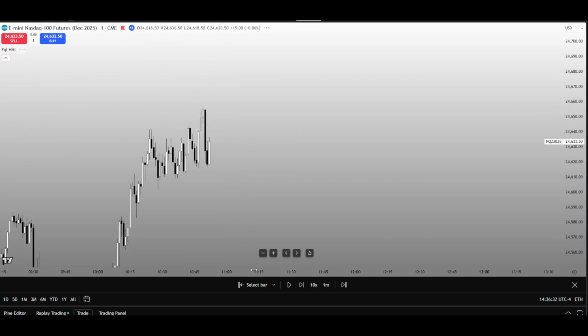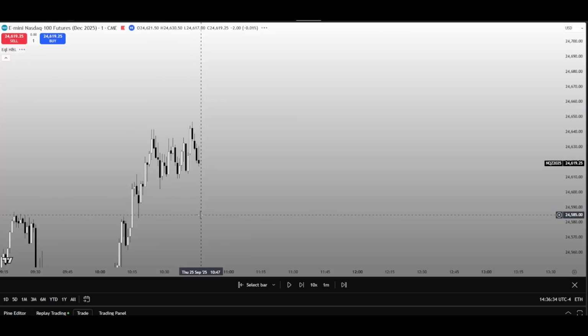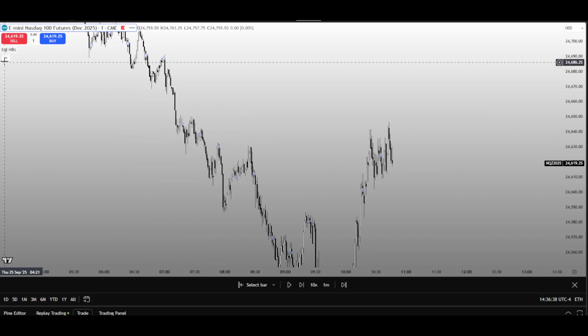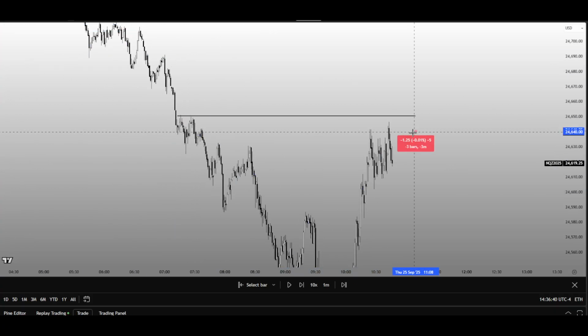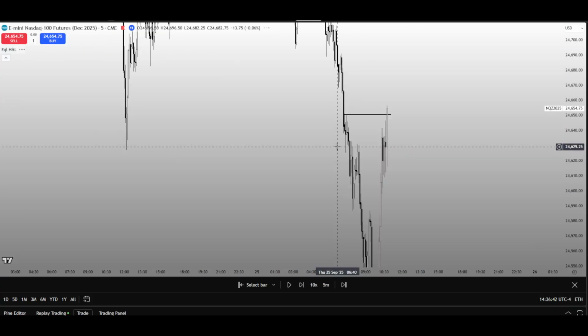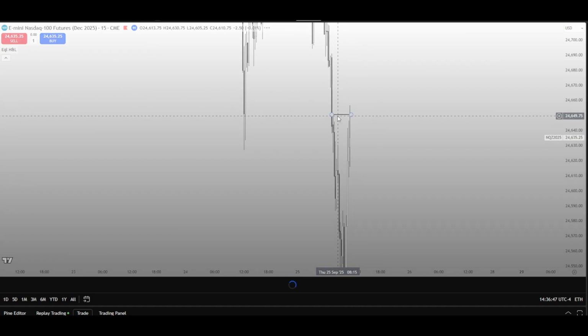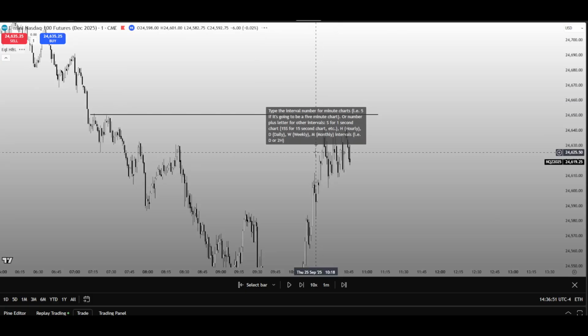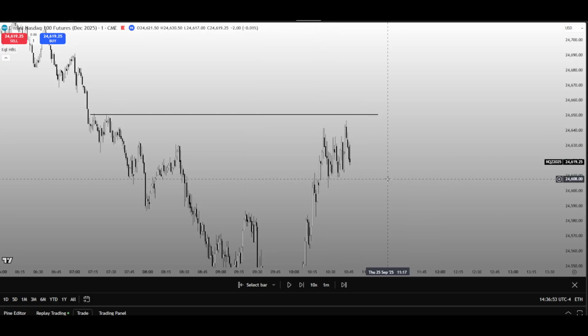So the first one, hold on. The first one is bad because you failed to recognize this high we missed, which was an unfilled 15 minute. I think we were in an hourly though, but at that point, when you have LRLR like this, you want to see greater manipulation than what you took.